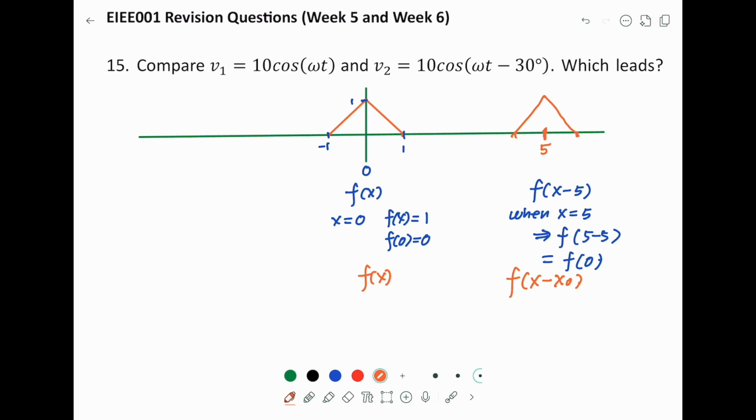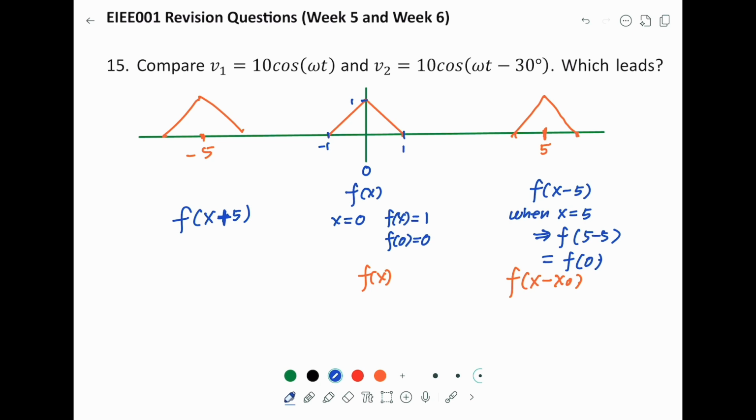Now similarly, if we want to shift the function to the left-hand side, say by 5, this function can be written as f(x plus 5). So the plus sign here means shift to the left-hand side.